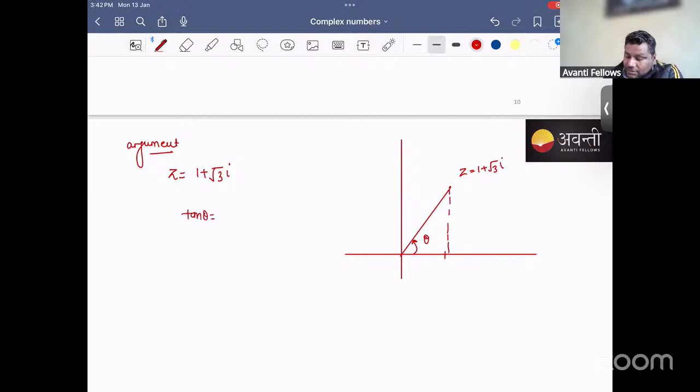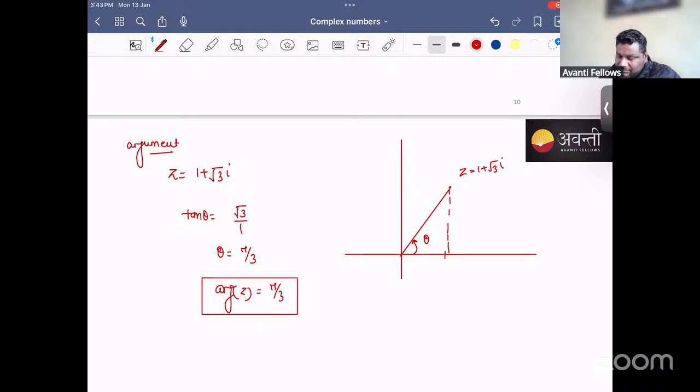Tan theta is root 3 by 1, so theta is pi by 3. So argument of z is pi by 3.